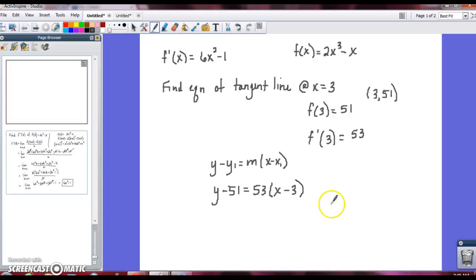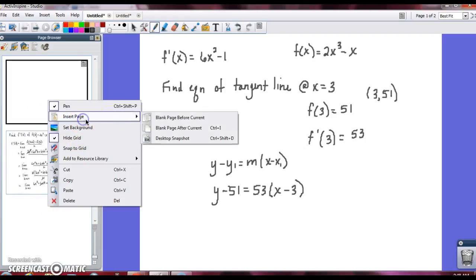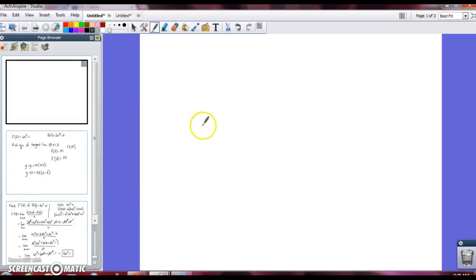A couple of other things I want to talk about are the ideas of differentiability. And when we talk about differentiability, what does that mean?